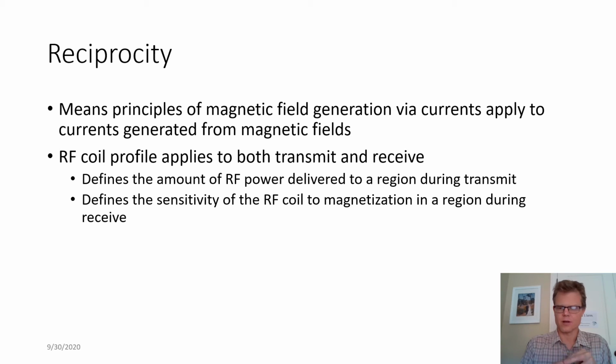This means we can apply the same RF coil profile to looking at how it behaves during transmit, when we're putting current into the coil, or how it's behaving during receive. In transmit we're creating rotating magnetic fields; in receive we're trying to measure rotating magnetic fields.